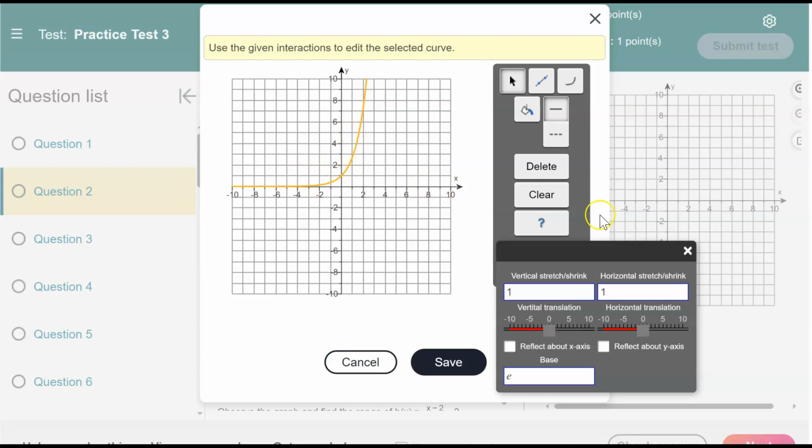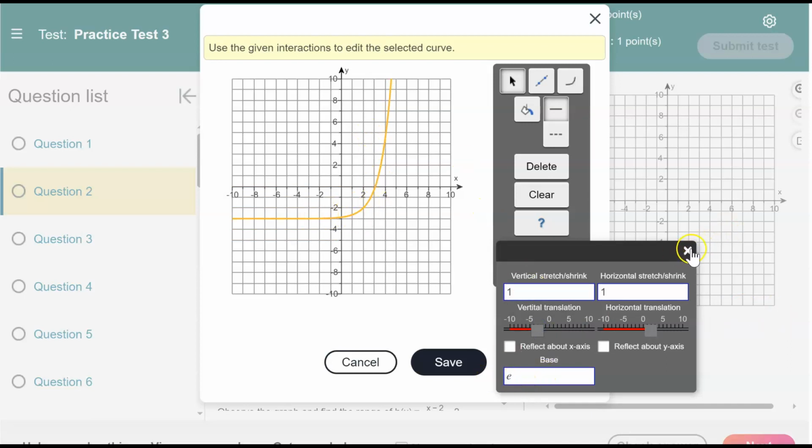And then we know that there is a horizontal translation of 2 units to the right, so that's why it's positive, and a vertical translation of 3 units down. So that's how you would graph it.